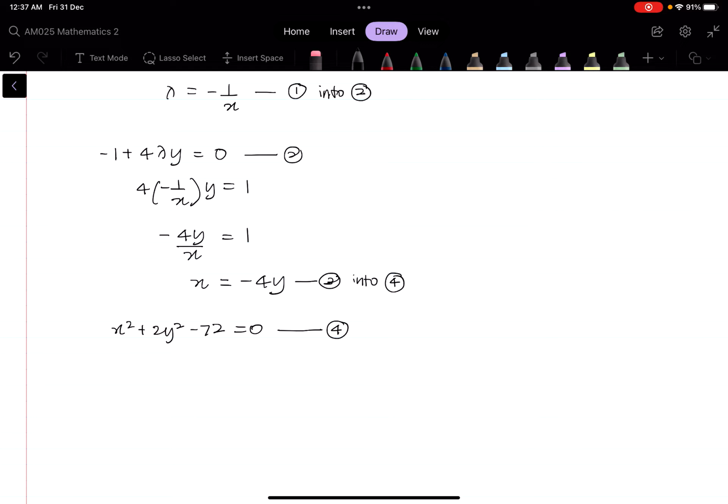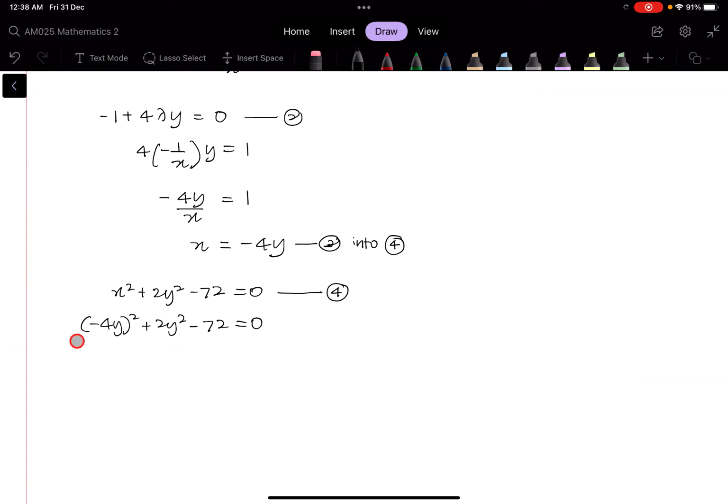This negative 4y, if we substitute into x squared, we get negative 4y squared plus 2y squared minus 72 equals 0. Expand negative 4y squared: it is 16y squared plus 2y squared minus 72 equals 0. So 18y squared minus 72 equals 0.